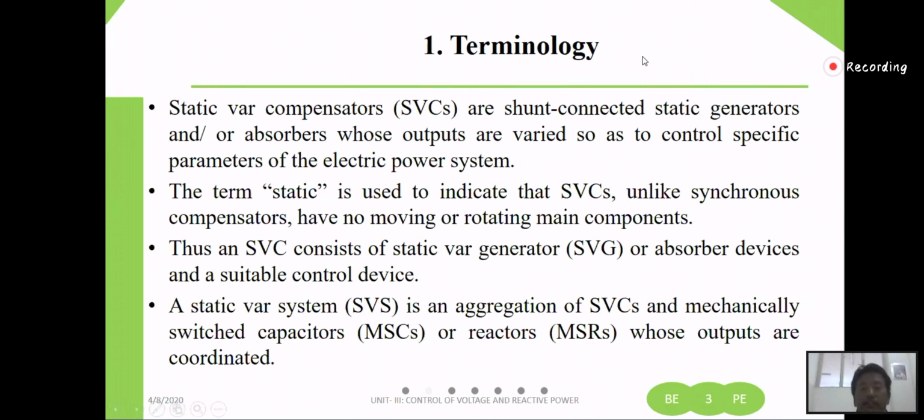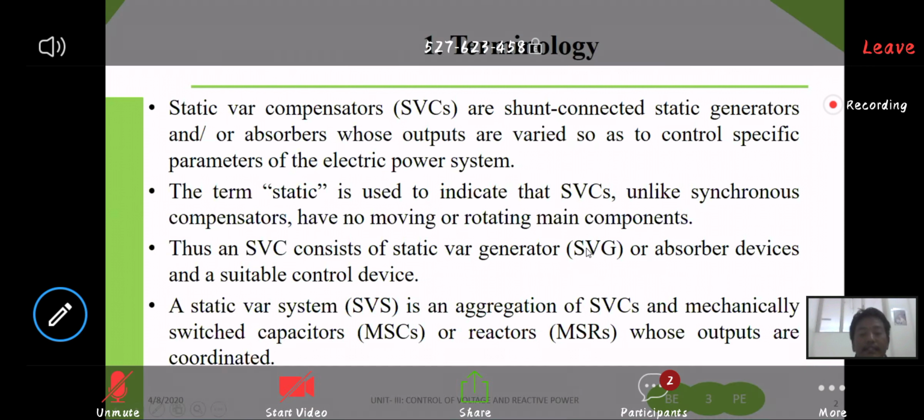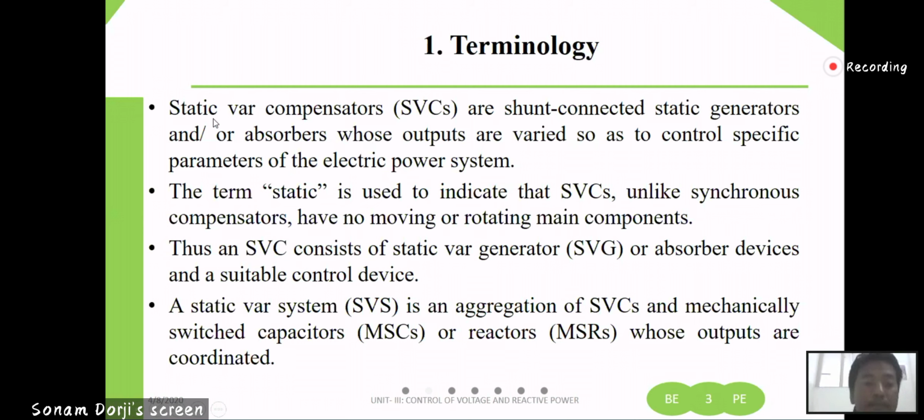There are different terms used in the static VAR system: SVC, that is static VAR compensators, then you will see SVG, then MSC, MSR, and so on. You have to be mindful of all this, and know what SVC, SVS and SVG mean. So before I start, I am introducing the common terminology used in the static VAR system.